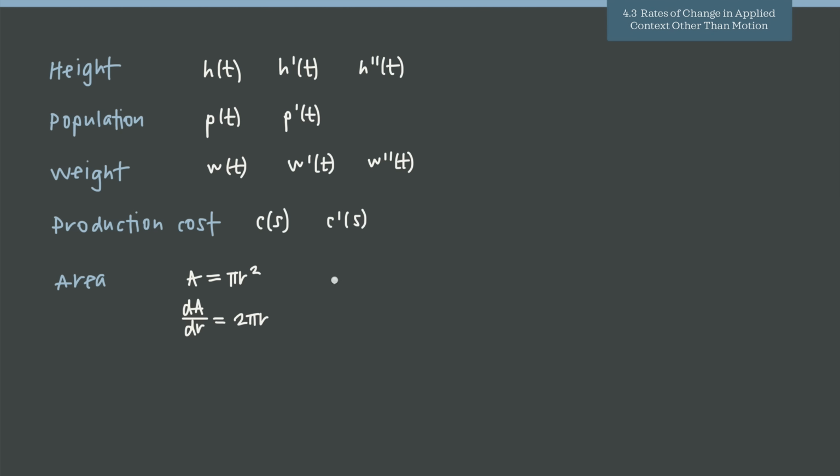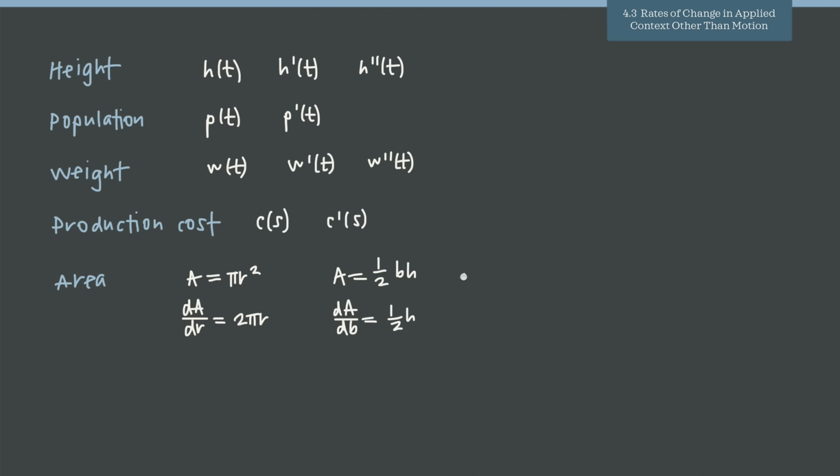If we had an equation for the area of a triangle, A equals 1/2 times the base times the height, and we want to differentiate with respect to the base b, we'd say dA/db is equal to, in this case we hold h as a constant, and so we would just get 1/2 h because the derivative of b is 1.